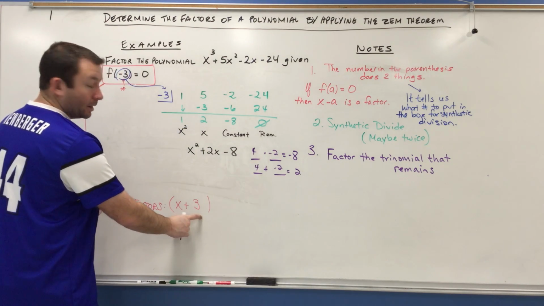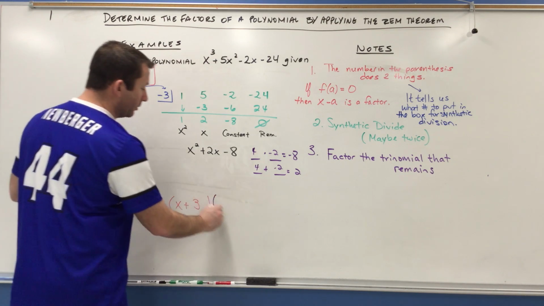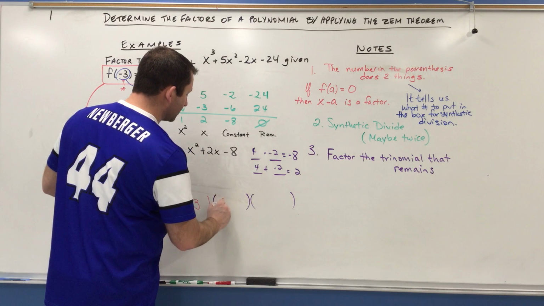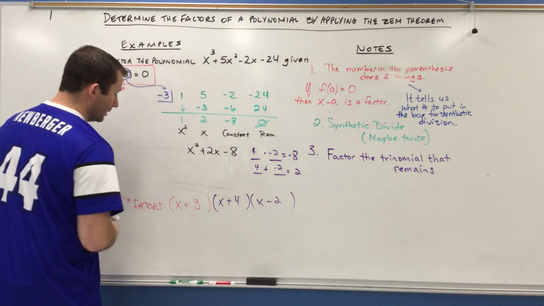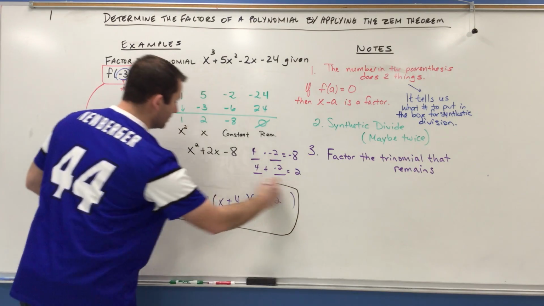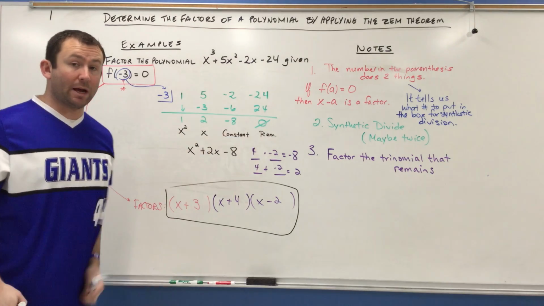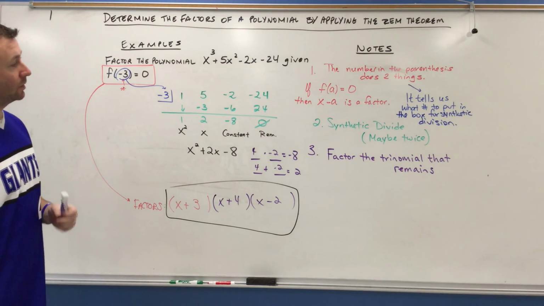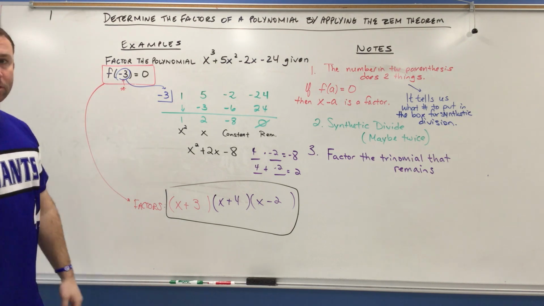So, alongside of this factor, my other two factors will be x plus 4, x minus 2. And that is how this factors. Okay? If you tried to use grouping, wouldn't work. Okay, this is really the only way to do it, as long as they give us that first factor.